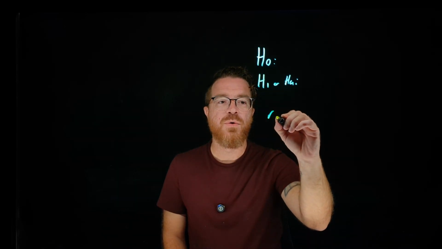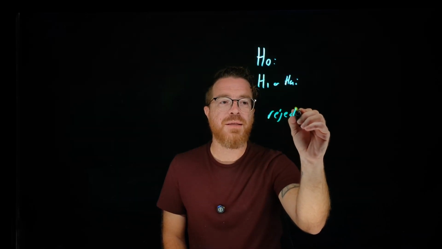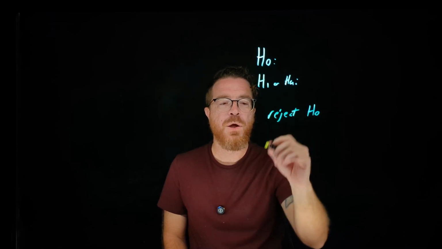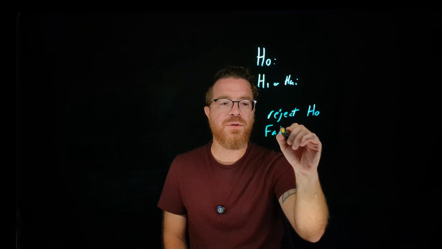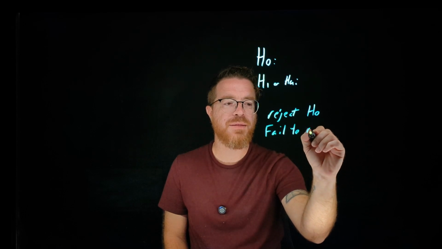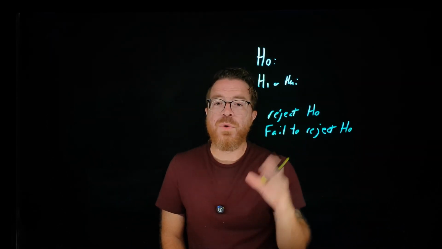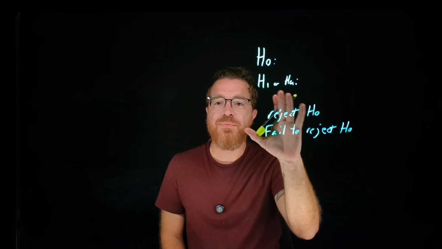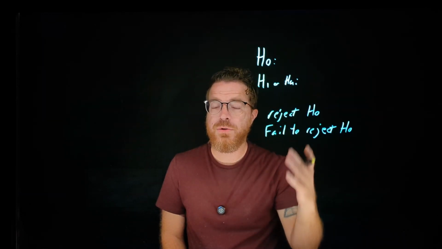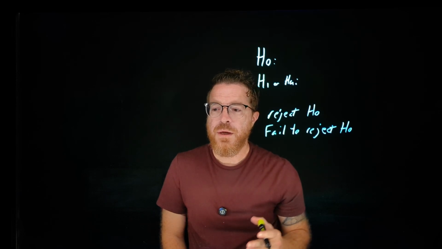We can either reject the null hypothesis, or we can fail to reject the null hypothesis. We don't ever actually say that we've proven or shown that our alternate hypothesis is true.